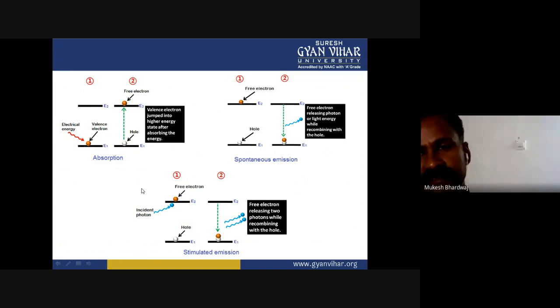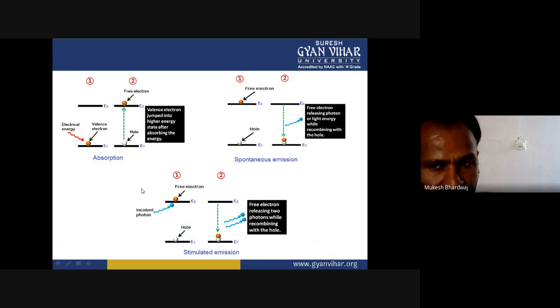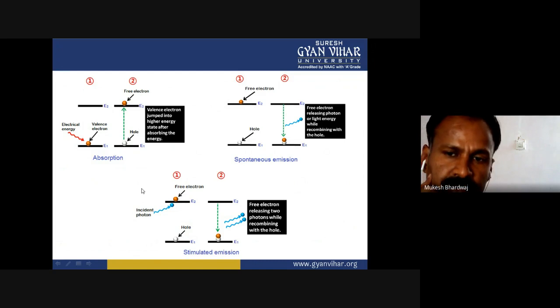Now, spontaneous emission. As the free electron cannot make itself stable at E2, it tries to get back to the E1 level, and as it returns to the E1 level, it releases energy. The free electron releases a photon or light energy while recombining with the hole.